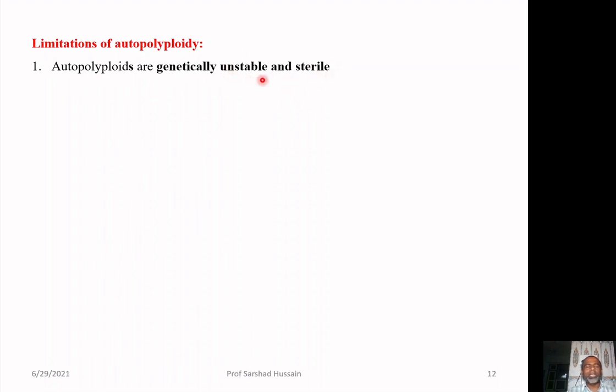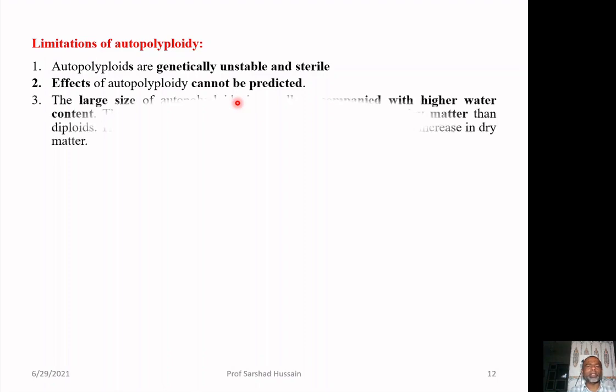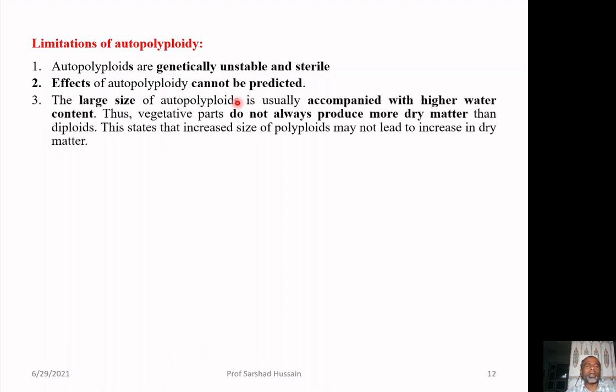This is the limitation, that they are unstable and sterile, because you always want a crop which must be fertile and stable. The effect of autopolyploidy cannot be predicted, because sometimes it will give one type of result, and at other times, in other individuals, it will give other types of results. So the same type of result you will not always find in all organisms if they are autopolyploid.